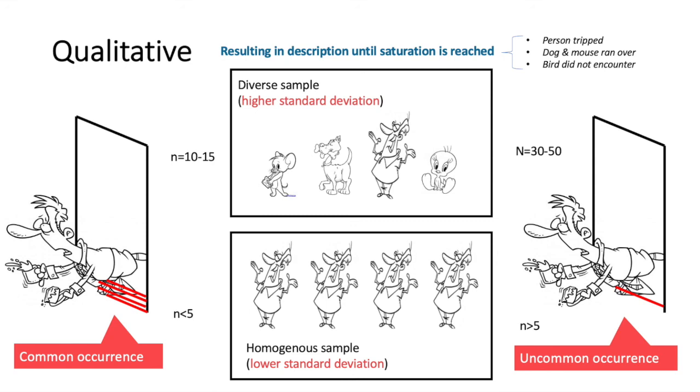And with an uncommon occurrence, we will need to make more observations before we reach data saturation. But our results in this case are going to be descriptions. We simply need to record that people have tripped, dogs and mice ran over the threshold, and the bird did not encounter the threshold. It takes relatively few observations to see all the possible occurrences.